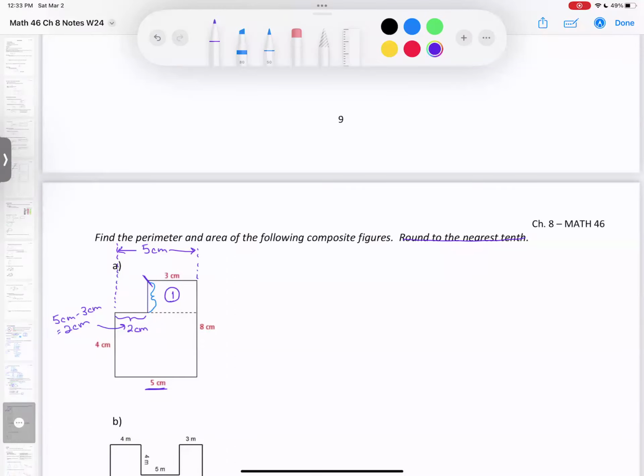Then we have to do the same kind of logic with the blue length here. This time, we know that this entire length here is 8 centimeters. And this one over here is 4 centimeters, which means if we extended that line, this is 4 centimeters.